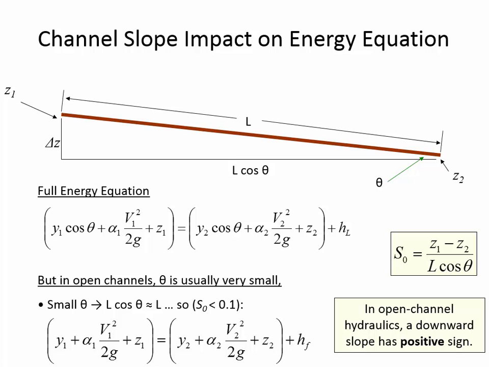We'll assume that the inclined and the actual perpendicular length of the flow depth y are the same. That's another way of saying that this segment length L is very, very close to L times cosine of theta. Because when you have a small angle like this, the cosine of that angle is going to be very close to 99.99%.